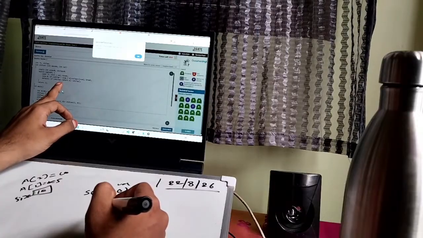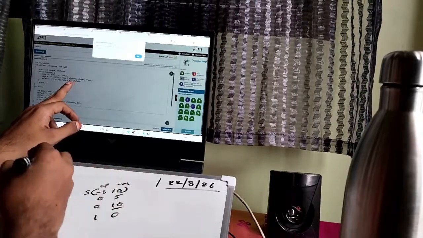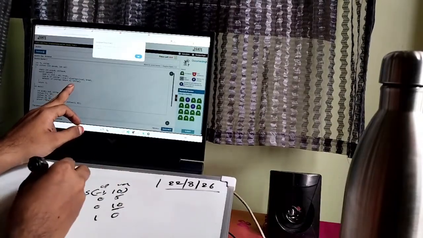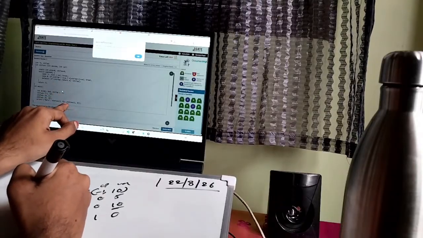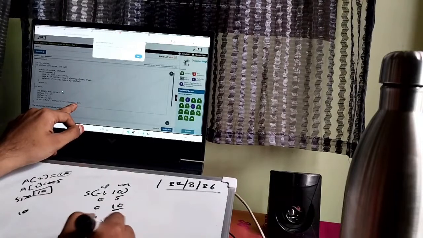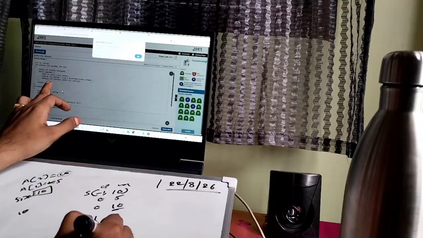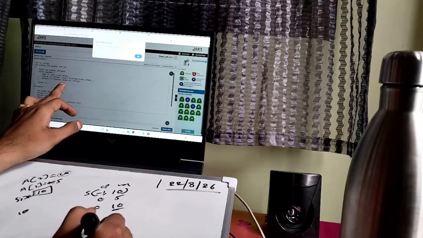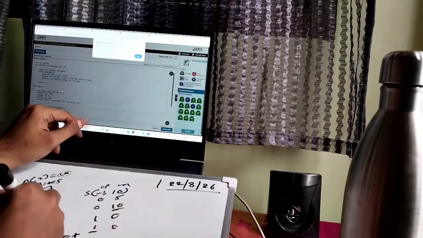If stack top is not 0, it will return stack top. So it returns 10, and then 10 plus 1. Again 1, 0. What is the output? It has 0, so 0 is returned.